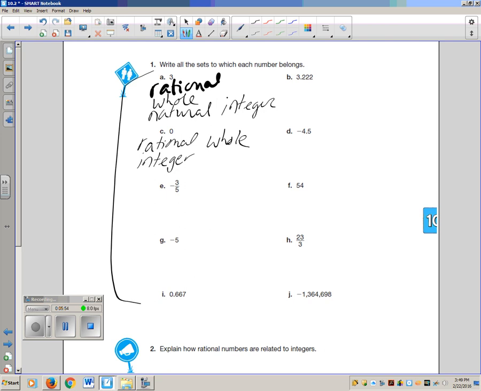Negative 3/5. The only thing it is, is rational. It's not a whole number. It's not a counting number. It's not natural. Remember, they're just names. Negative 5 is rational because I can write it as a fraction. And it's also an integer, positive and negative whole numbers. 667 thousandths.